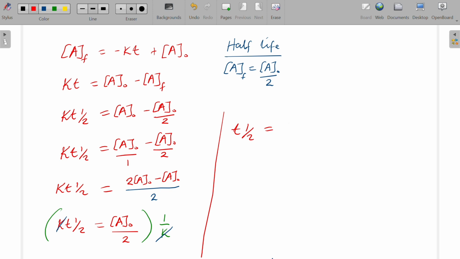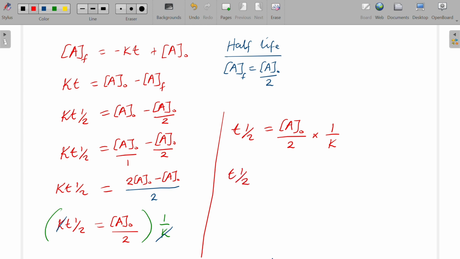on the other side, we'll have the A initial, which is the initial concentration, divided by 2. And this was to be multiplied by 1 over K, just to make sure we understand.